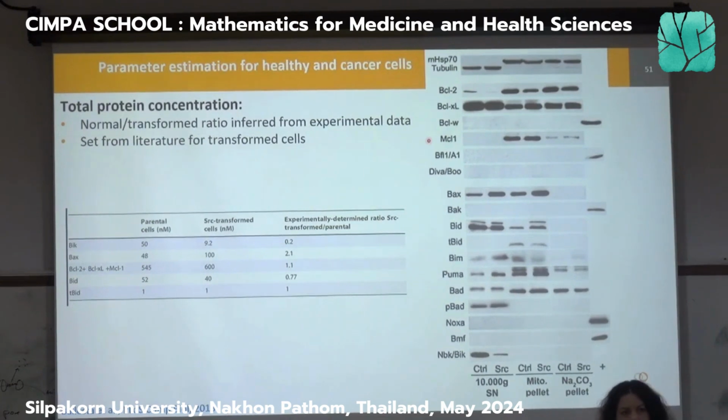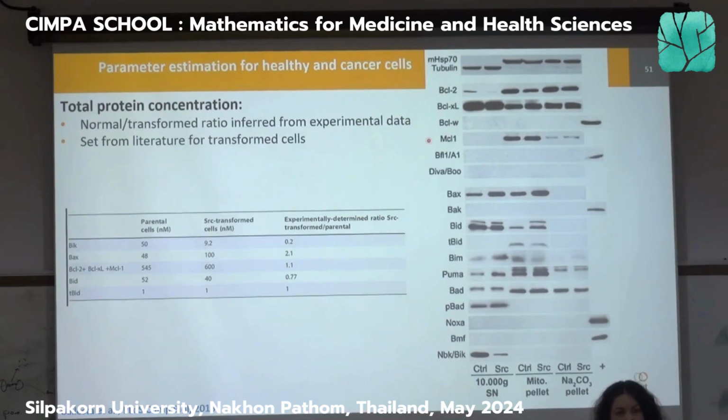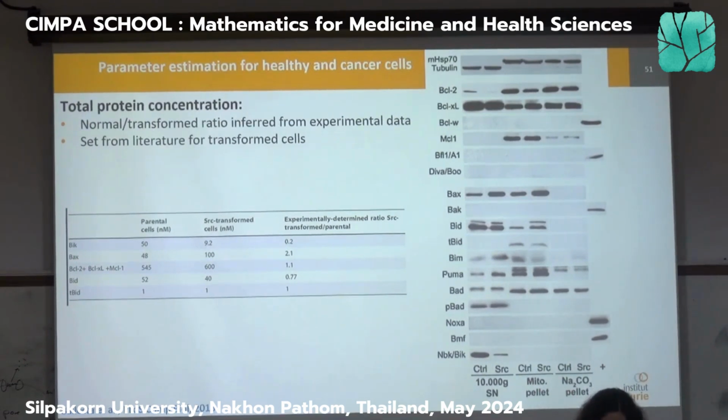Be careful because you cannot compare one line with another. The intensities are different for each protein. So don't compare one line with the other. You can just compare a line across different columns. In terms of columns, control will be the healthy cells and SAP will be the cancer cells. And here you have different fractions of the cells. So mitochondria will be for the mitochondria.